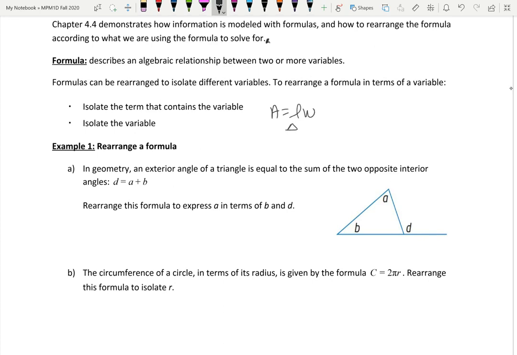Another thing to note is that you're going to see me using the cursive L to represent length, because if I use just the non-cursive letter form of L, you can get that very confused with my number 1. So I usually use cursive L to just differentiate between L and 1.